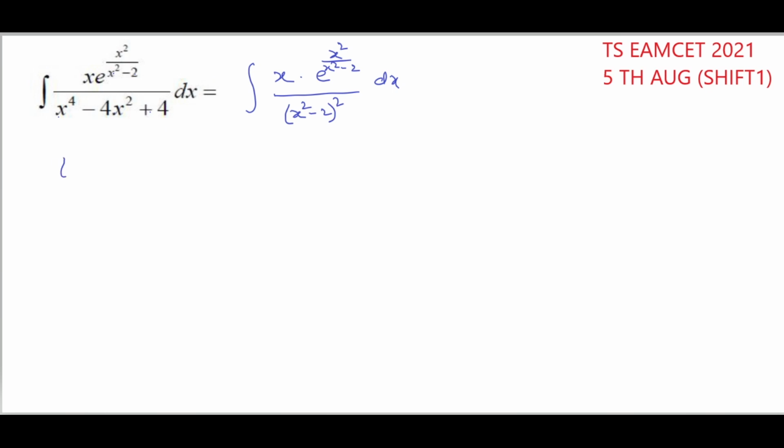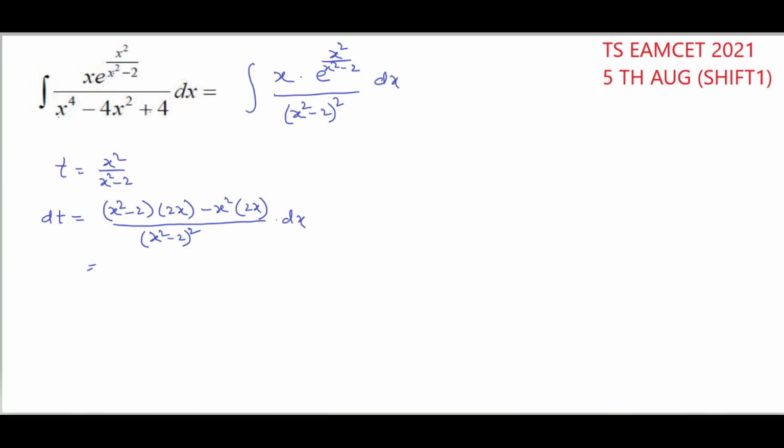Here take t = x²/(x² − 2). So differentiating on both sides, that is dt, using the u by v formula, is [(x² − 2)(2x) − x²(2x)] / (x² − 2)² dx.